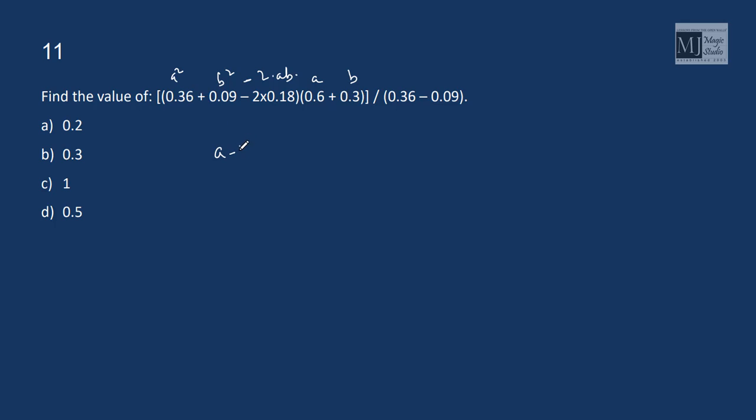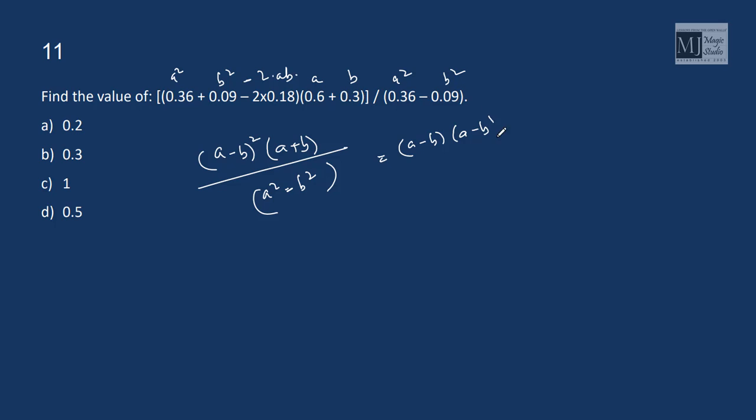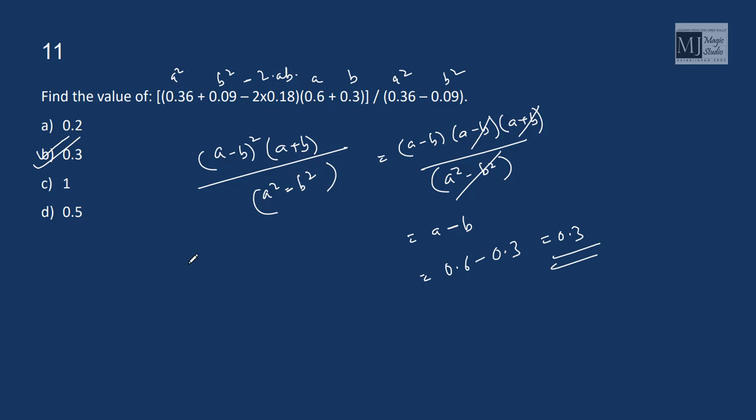So it would be A minus B whole square into A plus B upon A square minus B square. So we have A minus B into A minus B into A plus B upon A square minus B square, cancel out A minus B. 0.6 minus 0.3 is 0.3, option B.